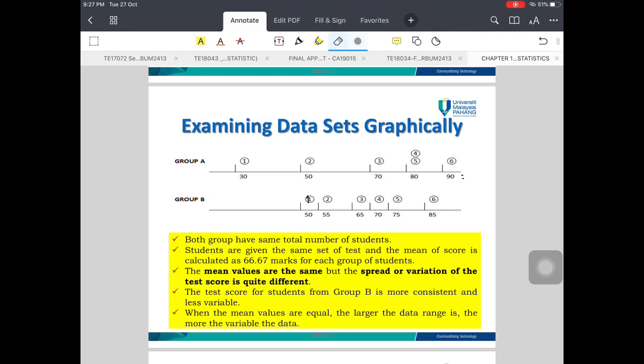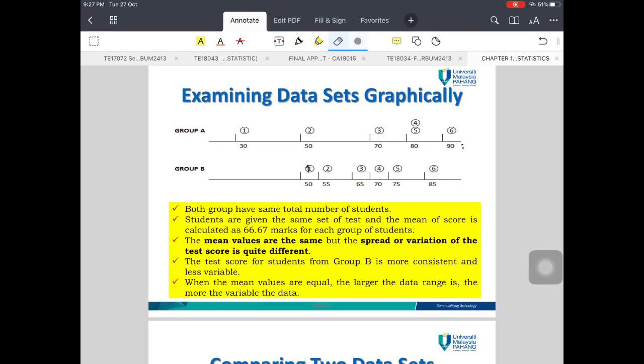The smallest value for group A is 30, the highest one is 90. The smallest value for group B is 50, the highest value is 85. So from this figure we can see the distribution very well. If you refer to this yellow box here, both groups have the same total of students.